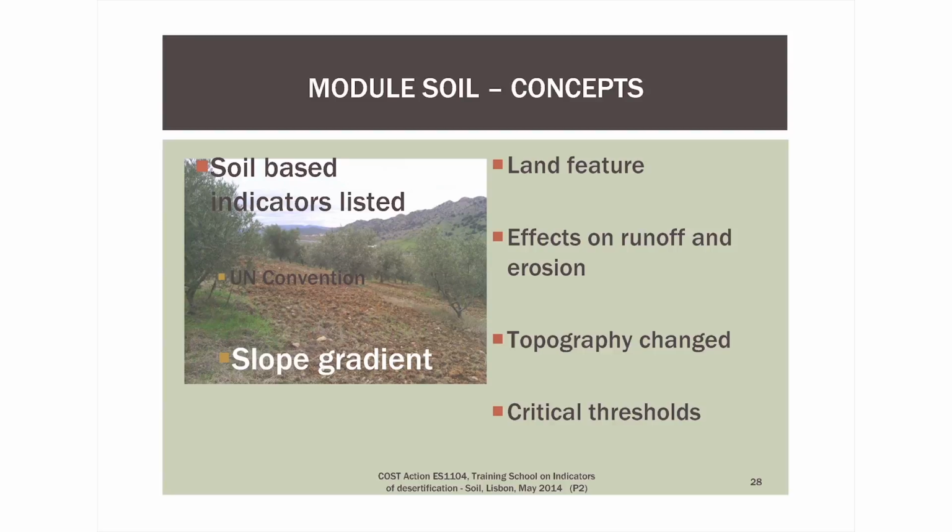It has effects, obviously, on runoff and erosion, because it is gravity acting. You don't have erosion if you don't transport particles from somewhere upstream to somewhere downstream. So it's gravity. And what defines the vertical distance between upstream and downstream is slope gradient.